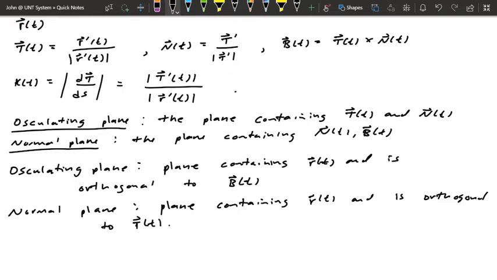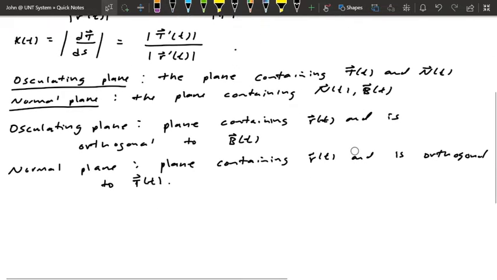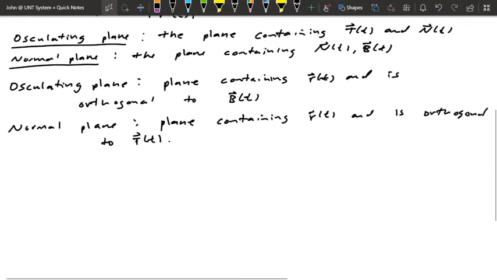Okay, so let's actually calculate these different objects in a particular example. So we will consider the helix.